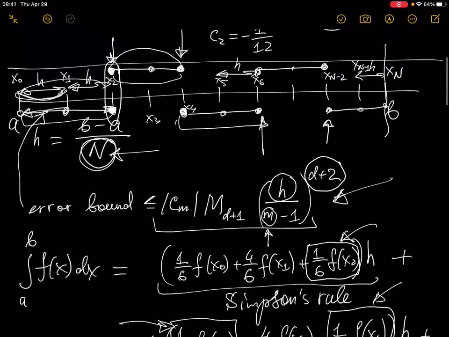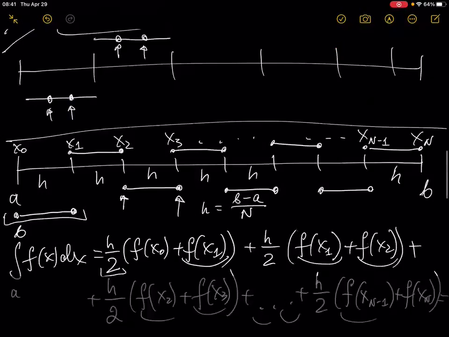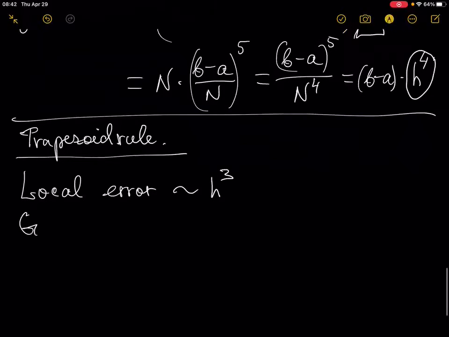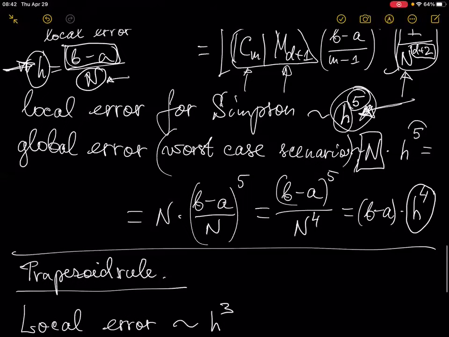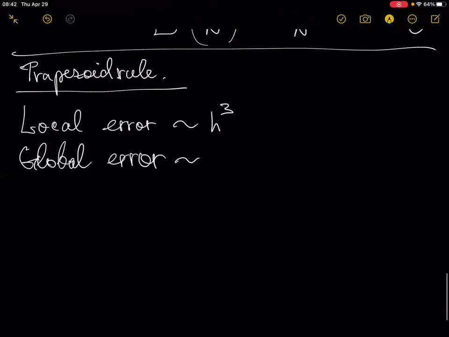So here I will get h to the third power. So the local error is proportional to h to the third power. Then global error: because we are multiplying by n, we always lose 1 power. So it's h to the second.